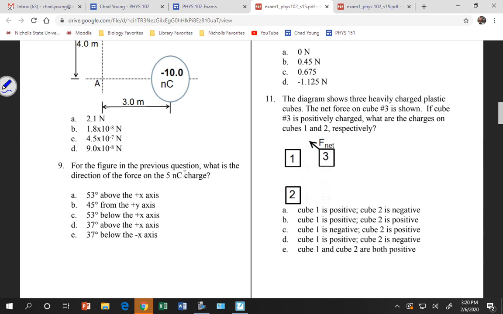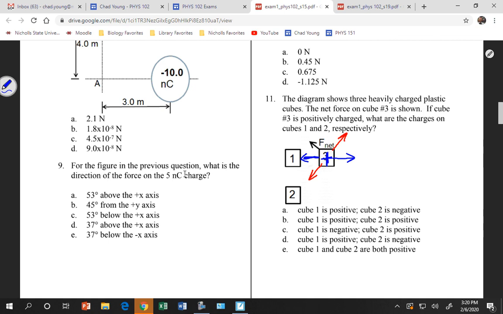So I have these 3 cubes, and I'm told that cube 3 is positively charged. And, you know, there are really only 2 sets of vectors that I can have. I can have a vector that's in this direction or in that direction, and I can have one that is in this direction or in that direction.